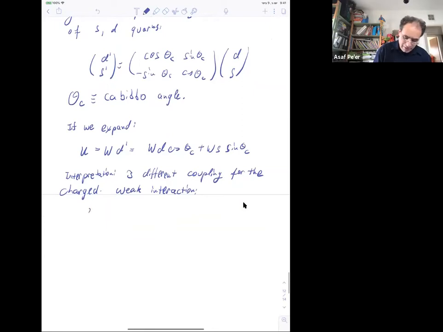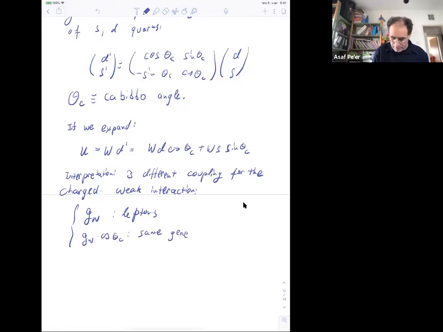Right, so we have the coupling of the weak force for the leptons. And then the same coupling, but with the cosine theta Cabibbo, with the same generation quarks. Then G_W times sine theta Cabibbo is for the different generation quarks.